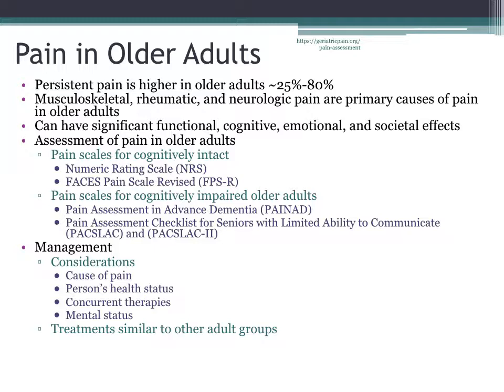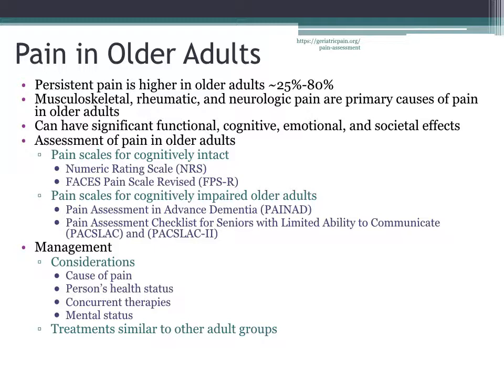Not only that, but we start thinking about whether or not these adults are able to give us an adequate assessment of their pain, because we have people that are cognitively impaired. So we have pain scales that are appropriate for cognitively intact people, which include the numeric rating scale and the FACES pain scale.